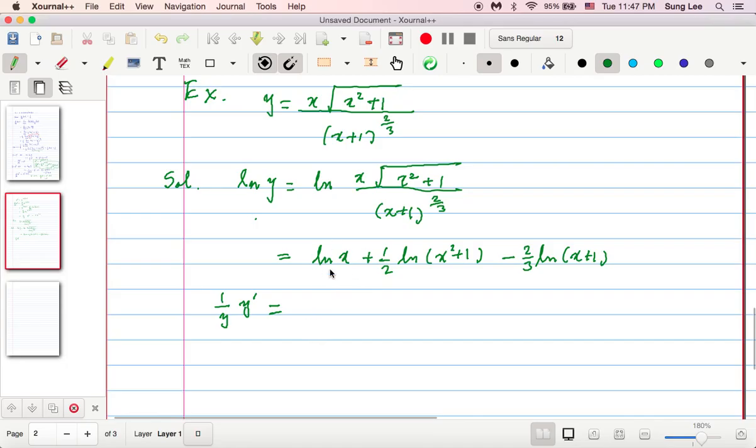On the right-hand side, the derivative of ln x is what? 1 over x, plus 1/2 times the derivative of this, which is 1 over x squared plus 1, and then multiply that by the derivative of x squared, which is 2x, minus 2/3 times just 1 over x plus 1.